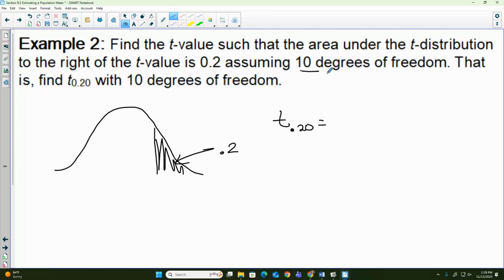Yes. So I want 10 degrees of freedom. So I'm going to row 10. Across the top, it gives us the area in the right tail. So this one is actually a little bit easier to read. I'm going to row 10, and I'm looking for the column that is 0.20. So that's this T value.